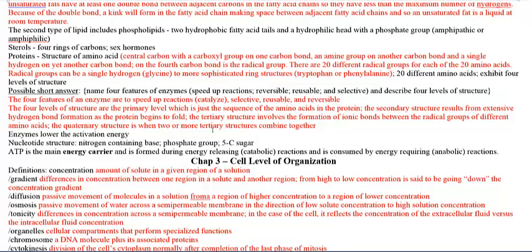The other part of this possible short answer is to know the 4 features of enzymes. I'm begging you to know these. There's only 6 words here that you need to know. They can speed up reactions. They are selective, they are reusable, and they're reversible. That's easy to type out.